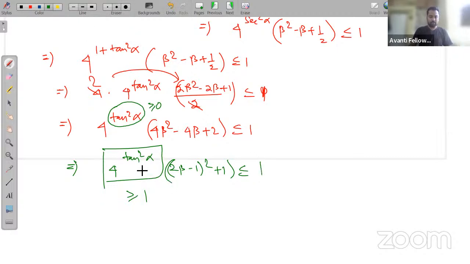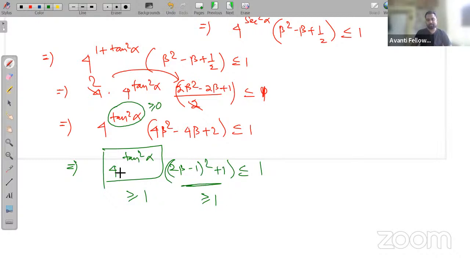If tan square alpha becomes 0, then it is also 1. And if tan square alpha becomes more than 0, then it is greater than or equal to 1. And this is also a perfect square which is greater than or equal to 1 also. So this is greater than or equal to 1.